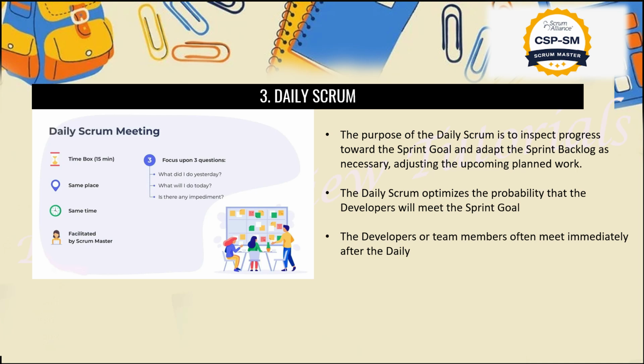They might connect through WebEx meetings or Google Meet or live, depending on how they want to connect. The purpose of the daily scrum is to inspect the progress towards the sprint goal, and they can understand what backlog they are actually looking at.